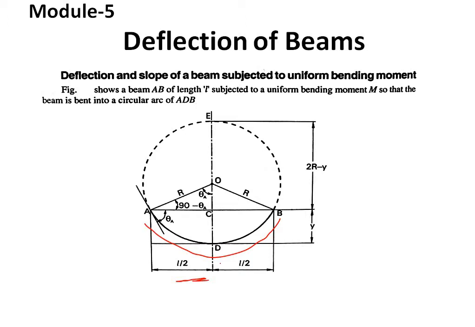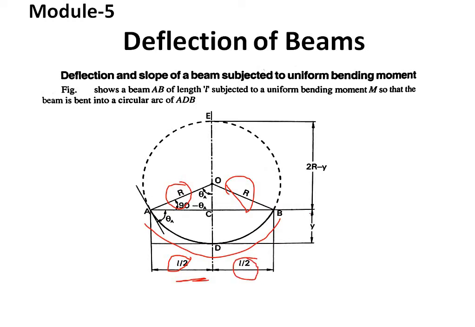Exactly at the center, the radius of curvature is R, and this distance is also R, and the length is L by 2 and L by 2.